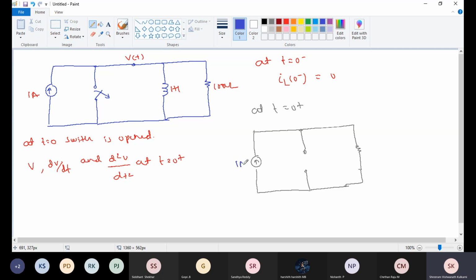Here this is 1 ampere, this is IL(0 plus), this is V(0 plus), and this is 100 ohm. At t equal to 0 plus the inductor behaves as an open circuit.